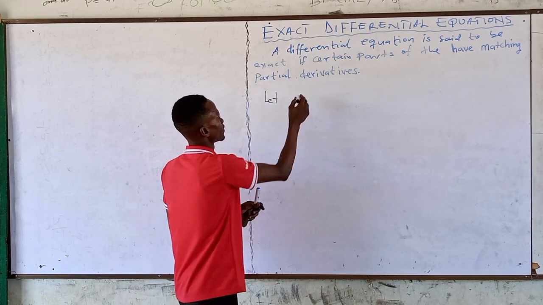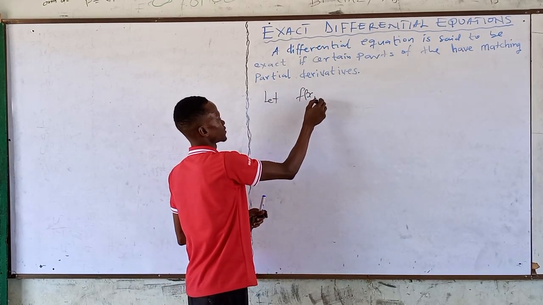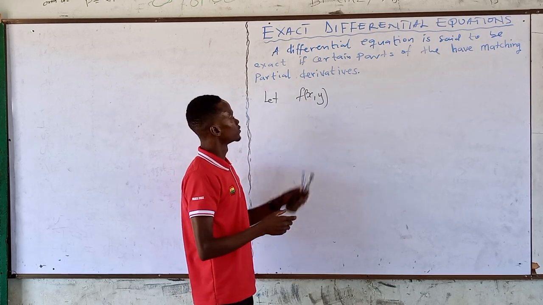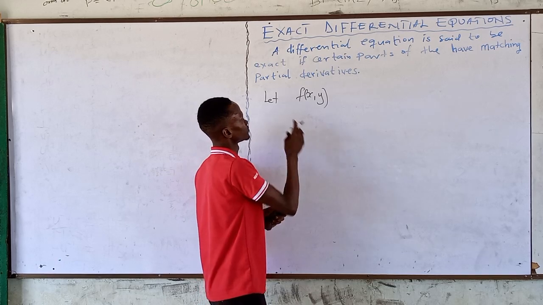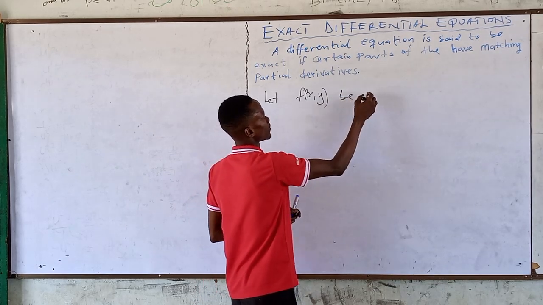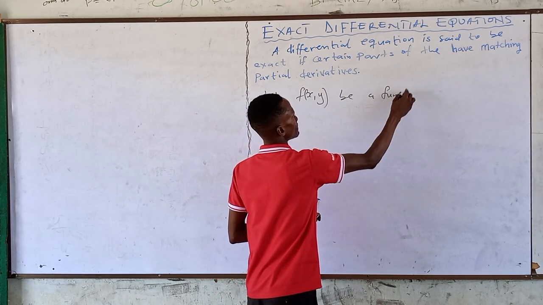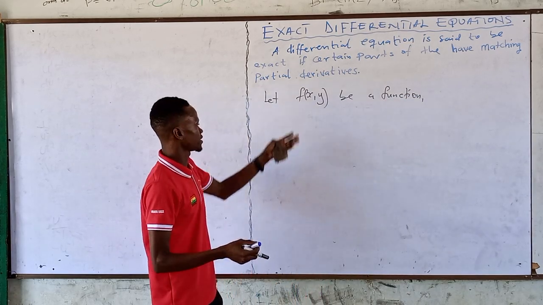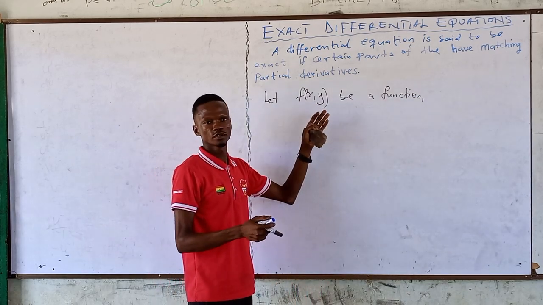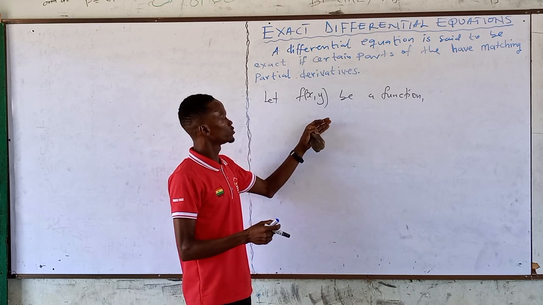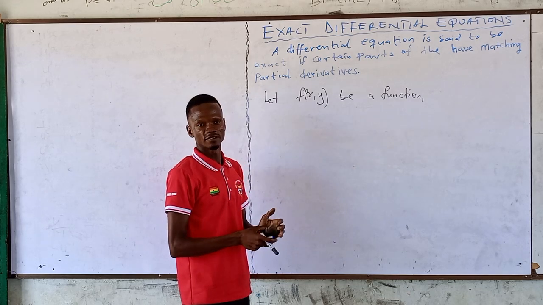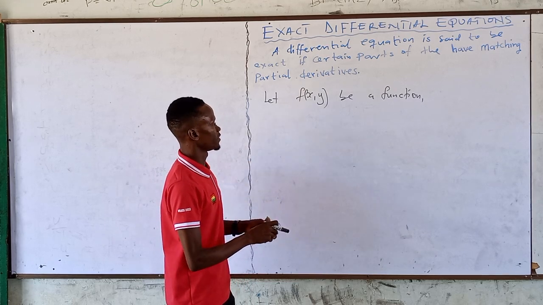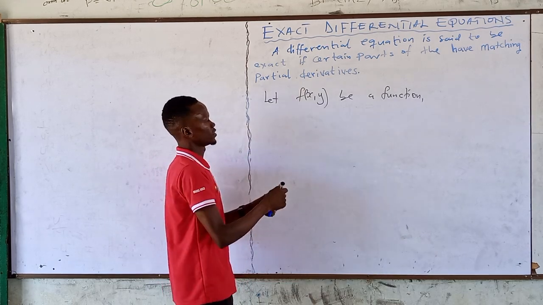And so let's suppose that f of x be the potential function such that its total derivative is equal to 0.